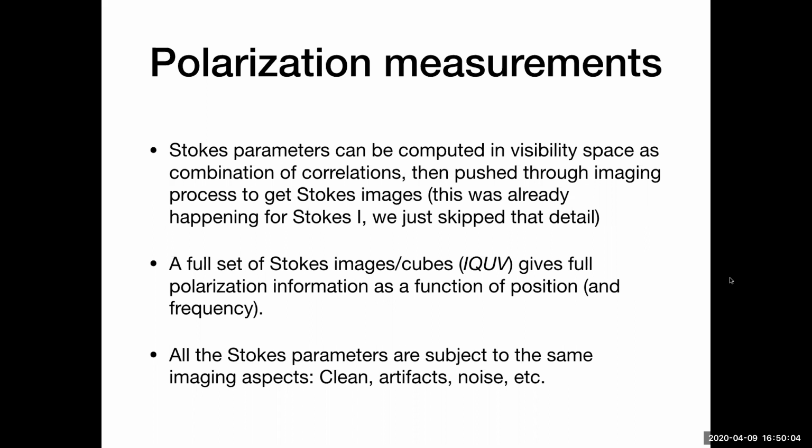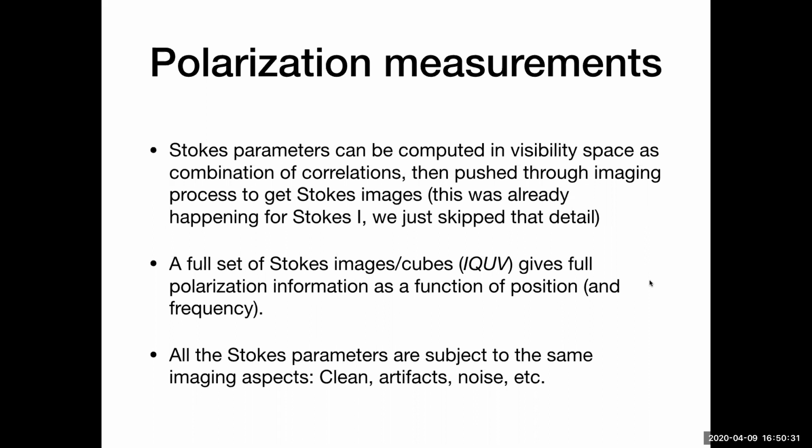You can either image all 4 Stokes or some subset of that. Doing so gives you the full information on the polarization content of the signal as a function of position on the sky, and sometimes importantly, the polarization as a function of frequency, which of course is very critical when we get to Faraday rotation.